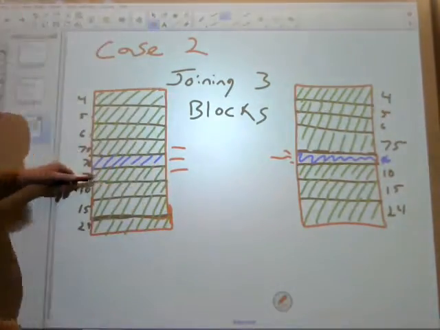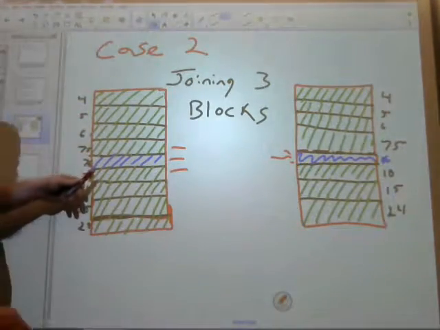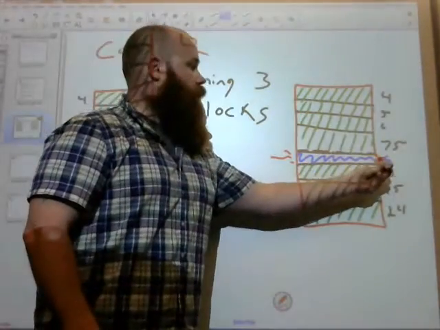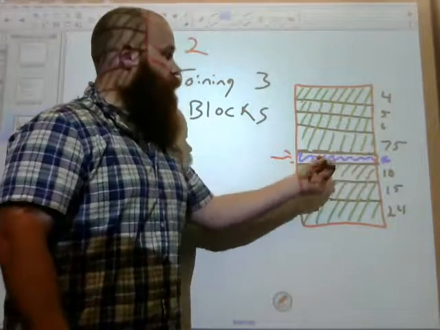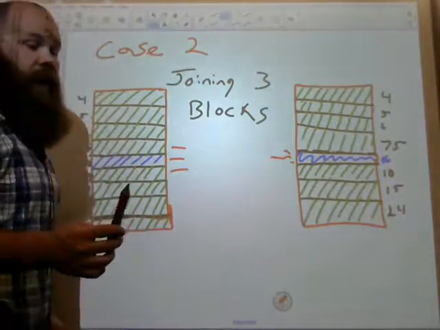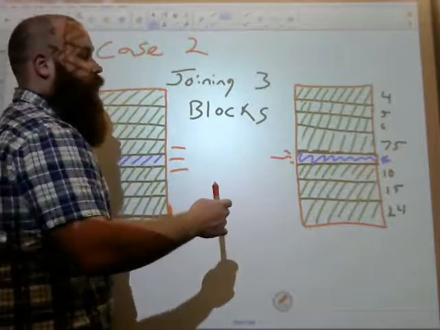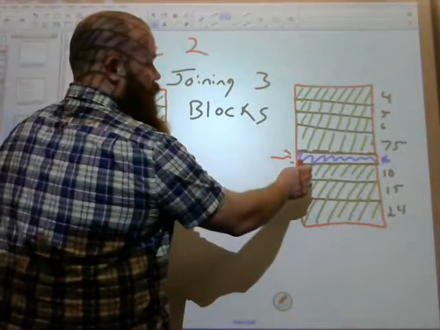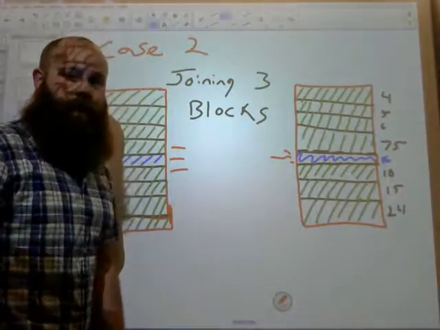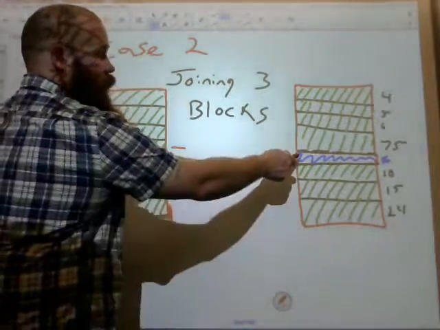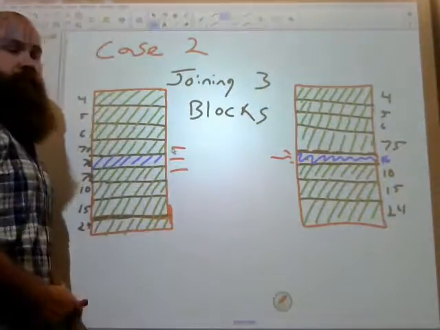Since three blocks are combined into one block, one is going to be null, as in nothing's going to take up that space until the algorithm sets that as null, and then, as we'll explain in case number 3, what happens to a null block.